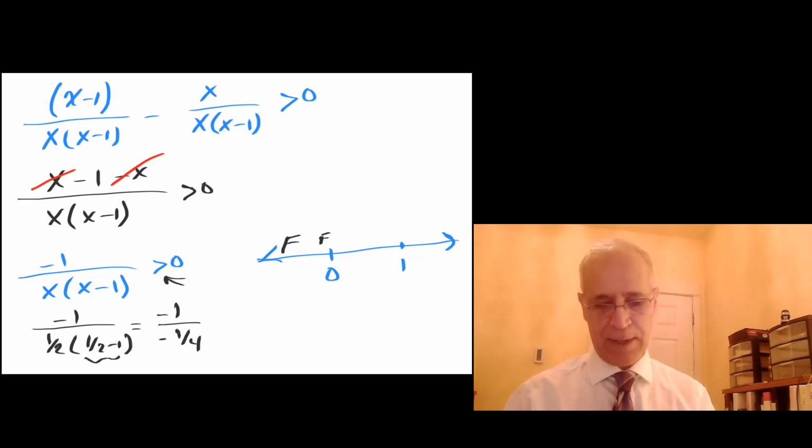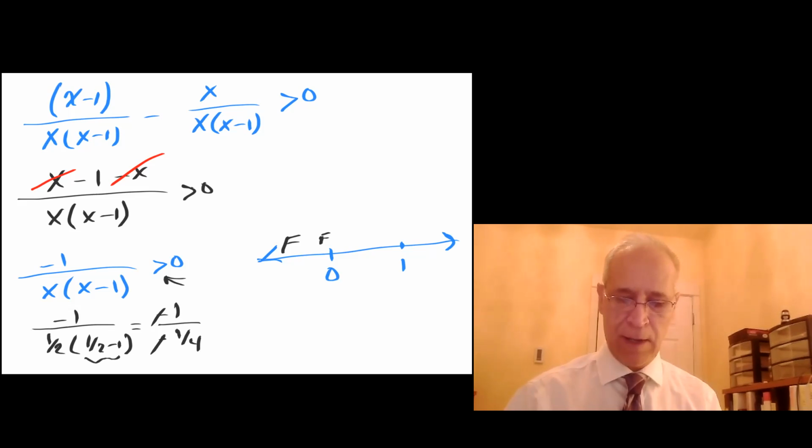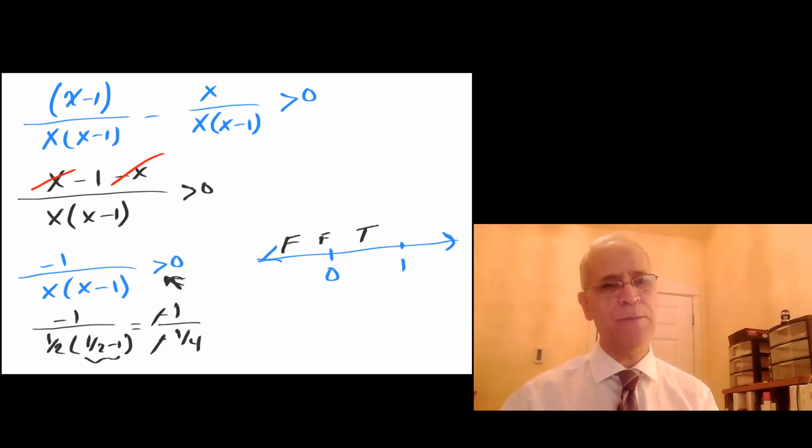So cancel the negatives. 1 divided by a quarter gives me a positive number, positive 4, and a positive 4 is greater than 0. So I'm going to put here T for true. I get solutions there between 0 and 1.